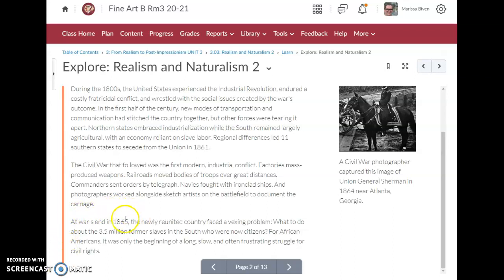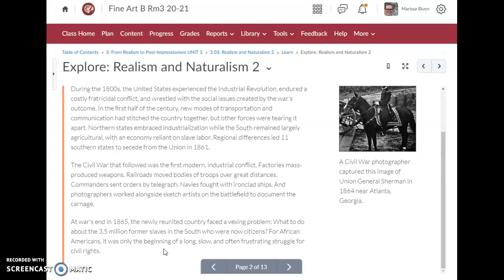At war's end in 1865, the newly reunited country faced a vexing problem. What to do about the 3.5 million former slaves in the South who were now citizens? For African Americans, it was only the beginning of a long, slow, and often frustrating struggle for civil rights.